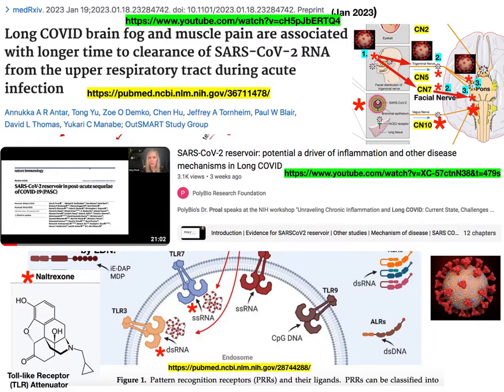In the bottom part of the slide, you see two specific toll-like receptors, TLR7 and TLR3, toll-like receptor 7 and toll-like receptor 3. They respond to single-stranded viral RNA and double-stranded viral RNA, respectively.